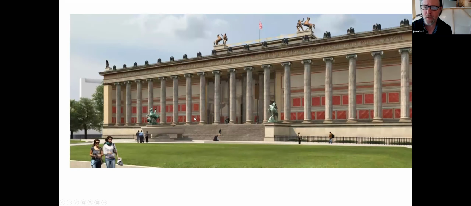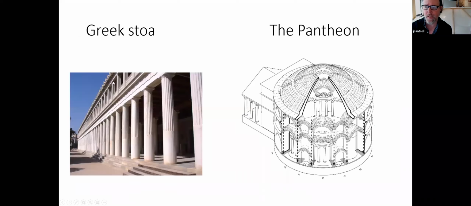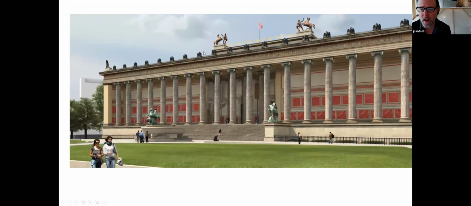So it kind of looks like we're borrowing the Greek stoa from ancient Greece and mixing in the Pantheon as the model for this entire building. So the front we're seeing is the Roman Ionic, and of course we're seeing the Greek stoa front superimposed on the Pantheon's dome behind the wall.